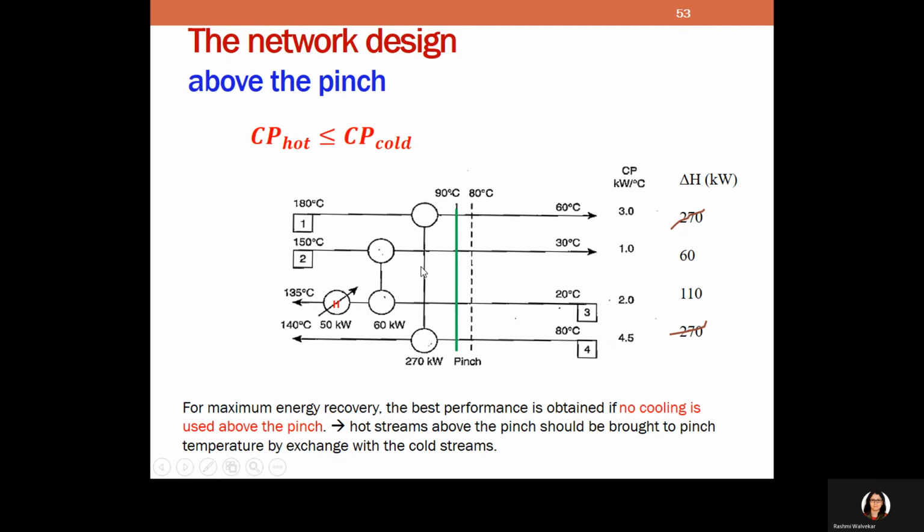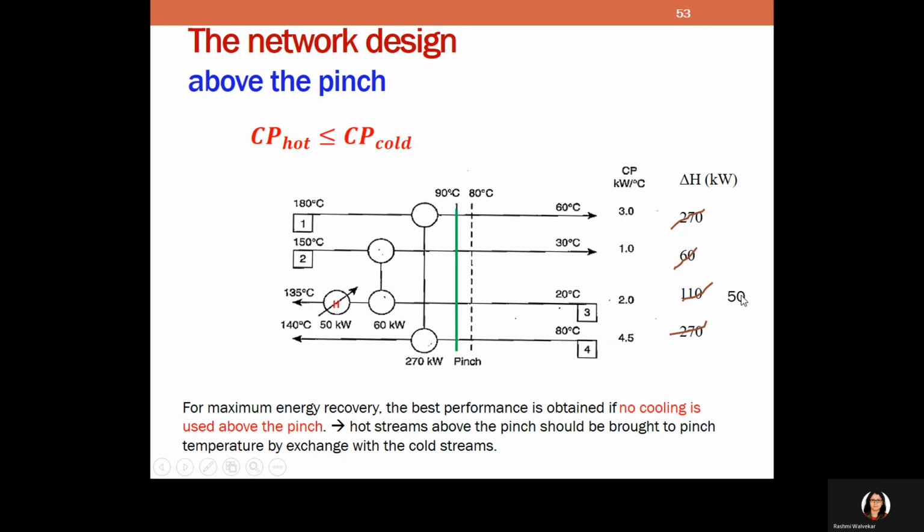After you draw your first one near the pinch, if you don't obey the rule, it is also okay. Now we are left with only these two streams. The maximum heat they can exchange is only 60. So draw a heat exchanger connecting these two streams, 60 kilowatt. It means this stream still has 50 kilowatt left, and this is your cold stream.